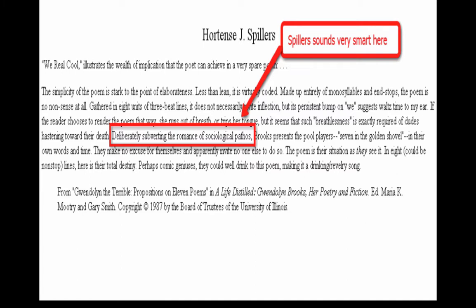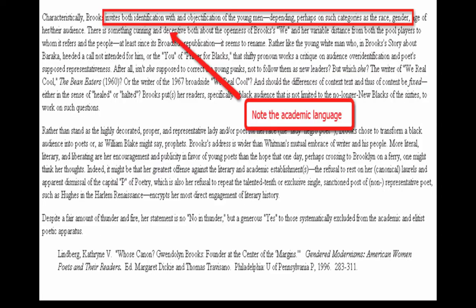It's taken from an article by Hortense Spillers, "Gwendolyn the Terrible." Notice the rather sophisticated use of language. Here's an article by Catherine Lindberg. Let's note the academic language that she uses.